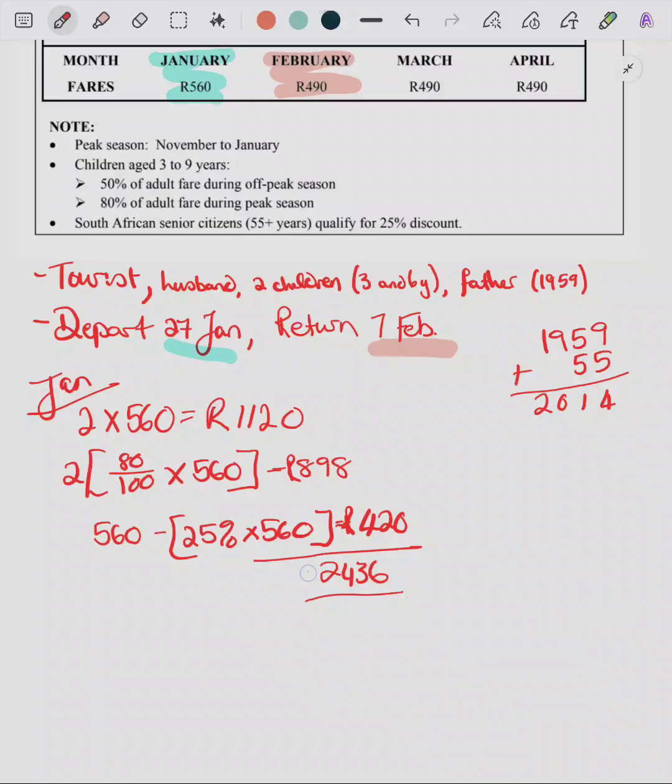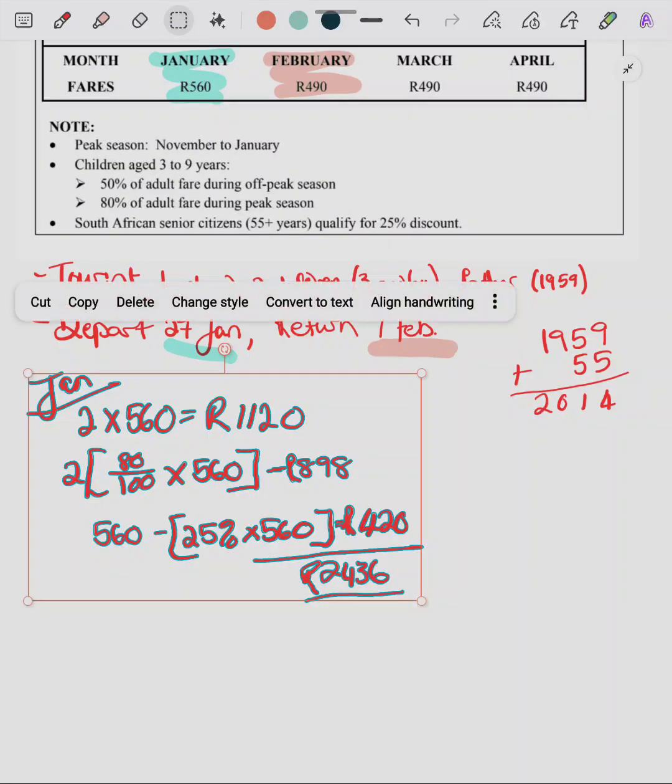There we go. Now the mistake people make here is to say, okay, return trip times by 2. But we can't because February is more expensive. So now we're going to need to do February instead. Let me move this out of the way for now so that we can do February.